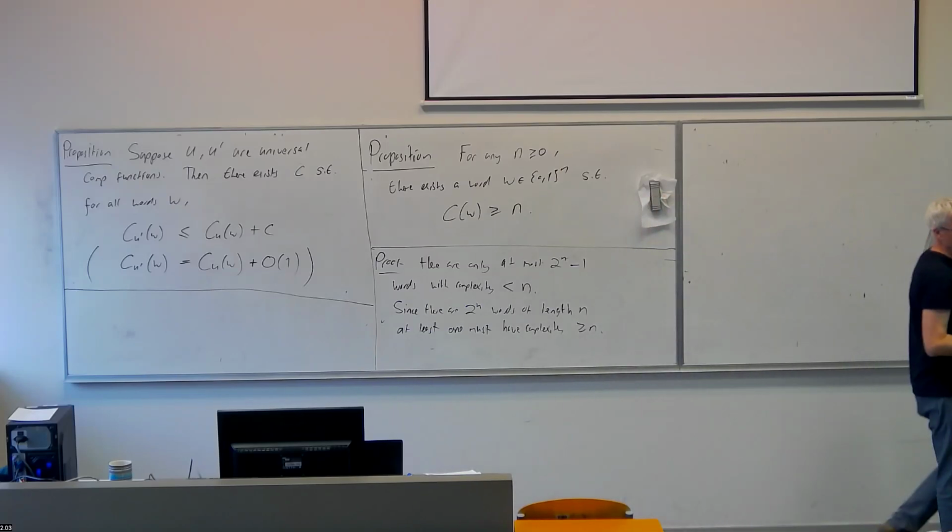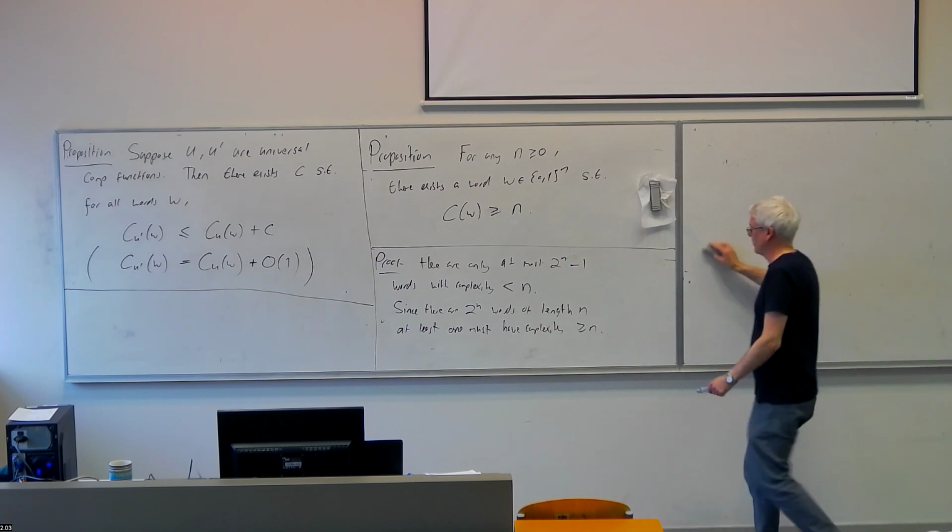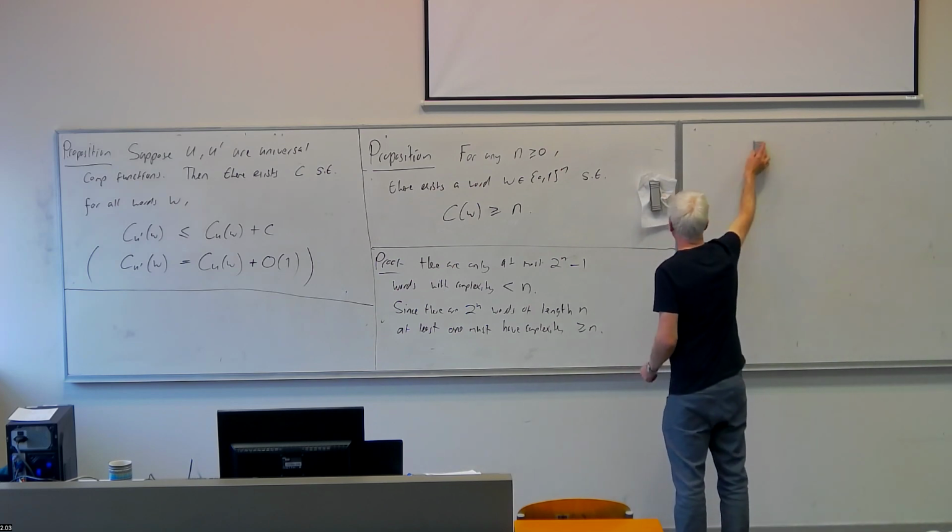So this was an idea of modeling a completely unpredictable data stream. You can't predict anything about what's going to come. So we can define that using the notions we have.